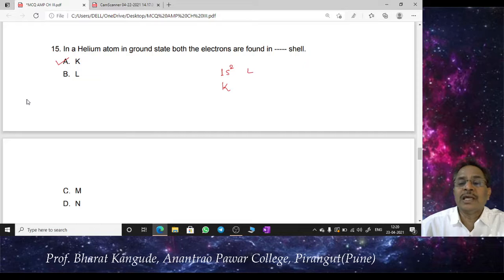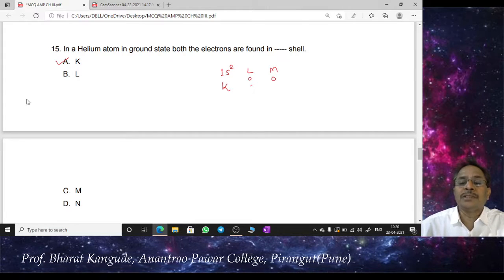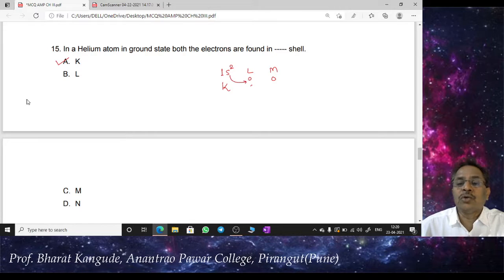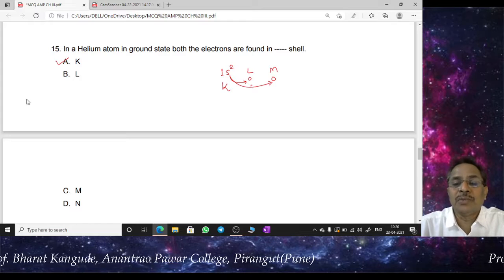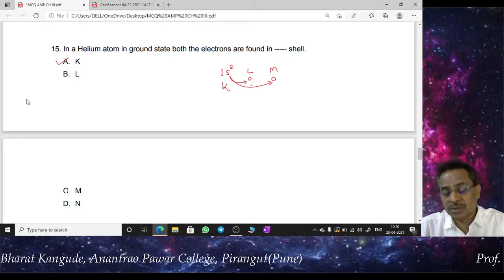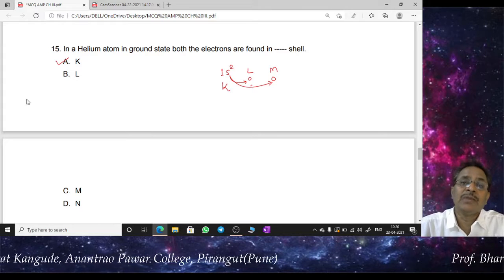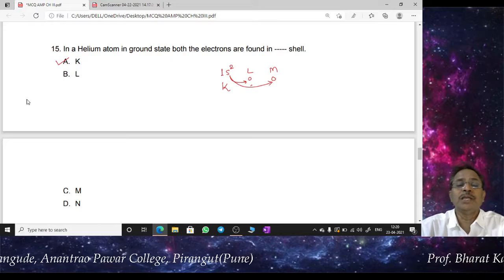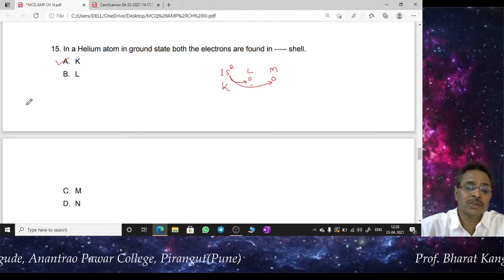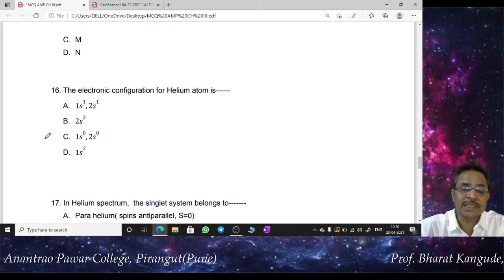Now for the L shell, M shell, etc., there are no electrons available, these are empty shells, but one of the electrons can go into the L shell or the M shell, and corresponding transitions, whenever possible, involve interactions of the 1s electron and the electron in the L shell or M shell. Different types of combinations are possible, and accordingly the spectrum of helium becomes more and more complicated. Some examples we are going to discuss as follows.